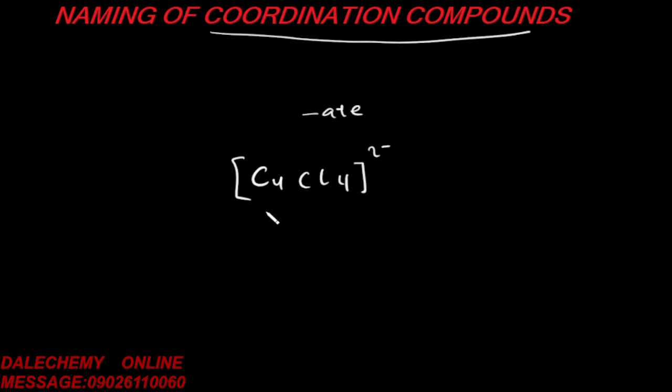Normally the name of this should be copper. But because the whole complex is having negative charge, it will be cuprate, because in Latin the name of copper is cuprum. You remove the um and you put ate. So the name of copper in this compound will be cuprate.